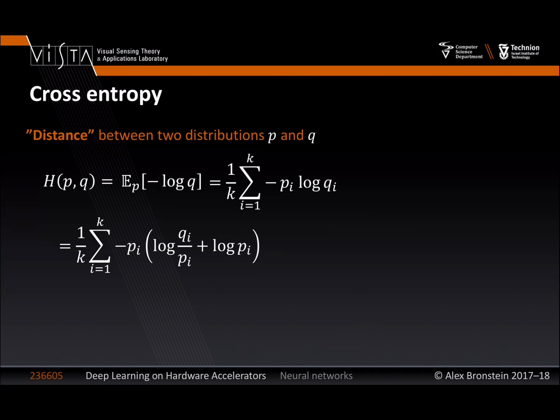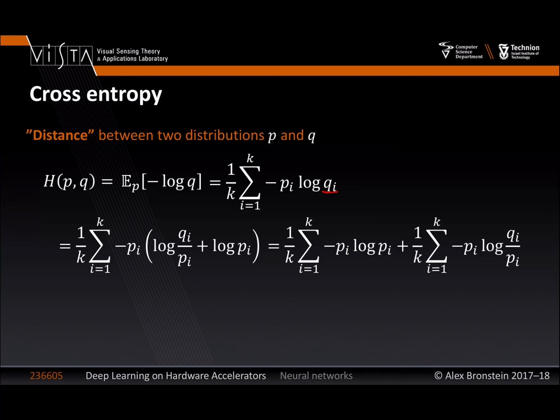Now I can do some mathematical massage to this expression. I can divide this q by p and then add log p_i. This is just writing the same thing in a different way, and then split it into two sums. One sum looks exactly like my definition of cross entropy, but with p being exactly equal to q, so I can think of this as H(P, P). And here I have something else. Let me write it explicitly.